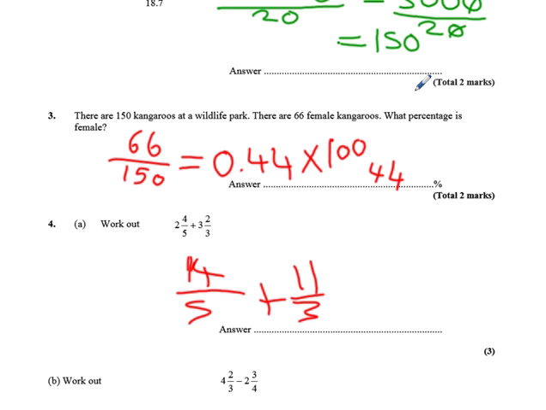Then you times the two bottom numbers. You times 5 by 3. You times 3 by 5. So you do 15 and 15. Then you times the two top numbers by 3 and 5 again, which is 14 and 11.